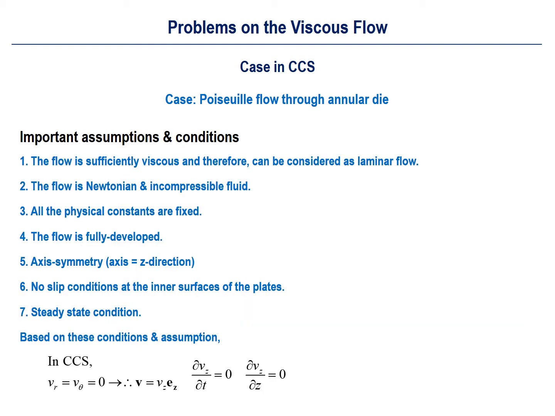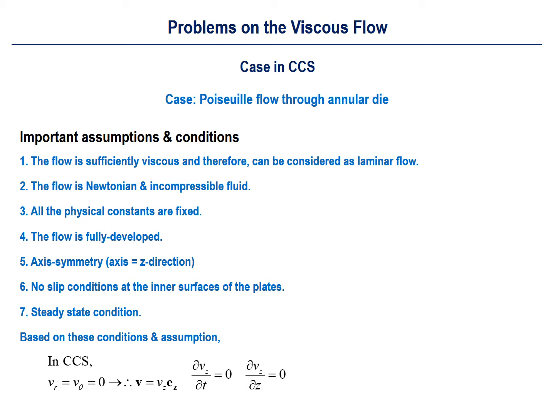And for the simplification of the Navier-Stokes equation in CCS, we need to make some important conditions and assumptions. The first one is that the flow is sufficiently viscous and therefore can be considered as what? Laminar flow. And the second is that the flow is a Newtonian and incompressible fluid.